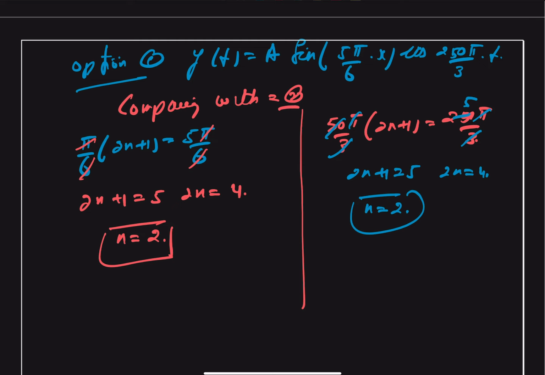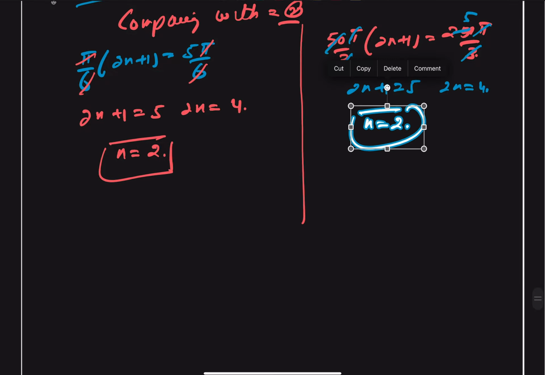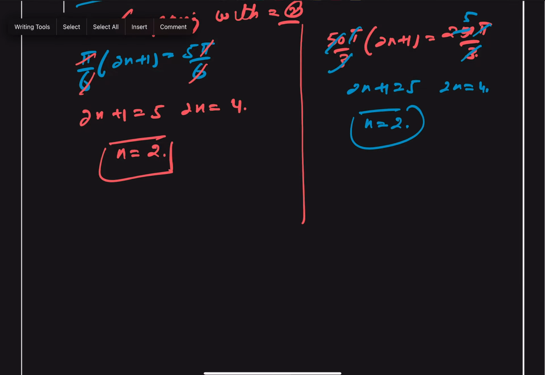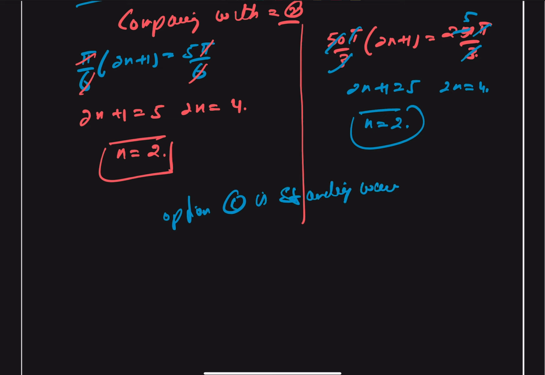So we can say option C is a standing wave equation. And let us try finally option number D.